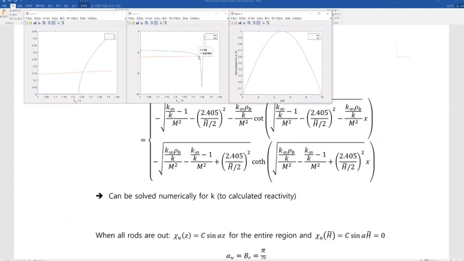More specifically, the ratio of k infinity over k. And it is like we found the solution here. So k infinity is 1.33 times the multiplication factor.